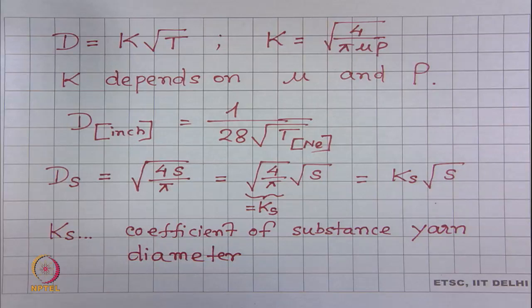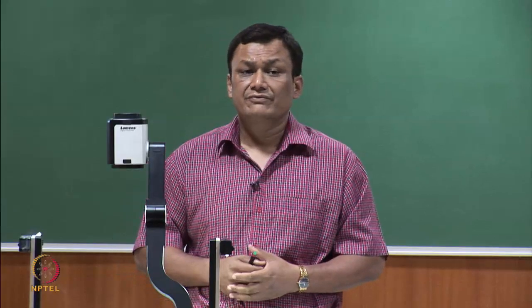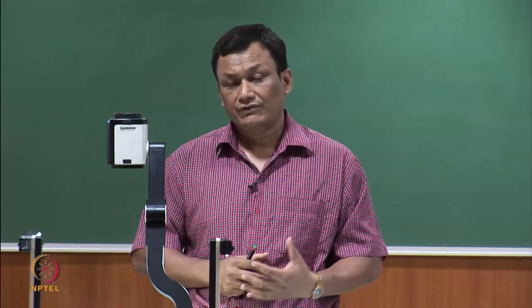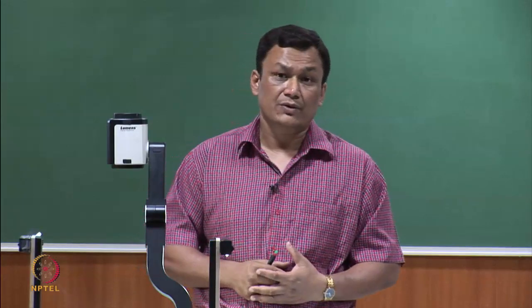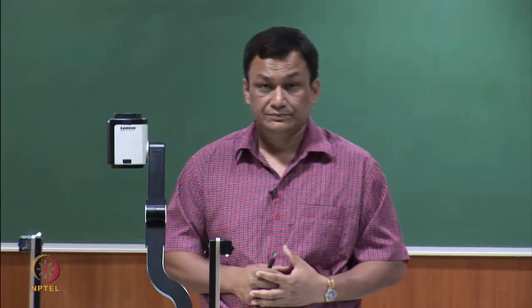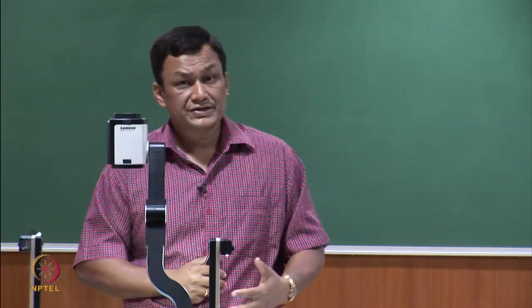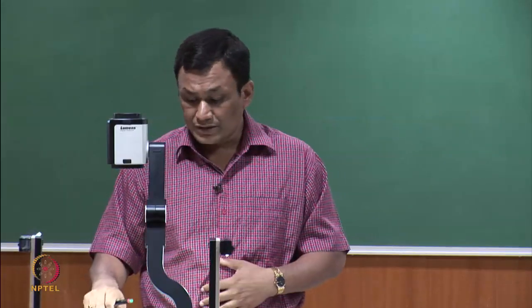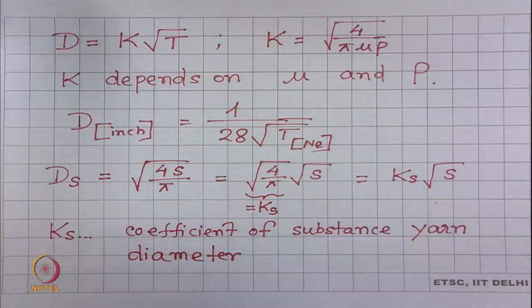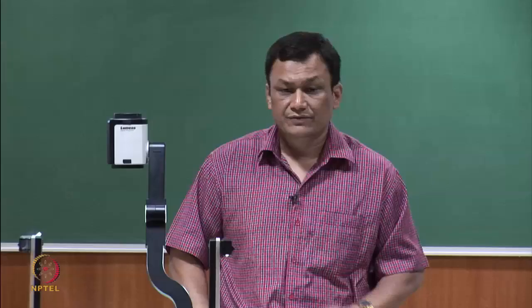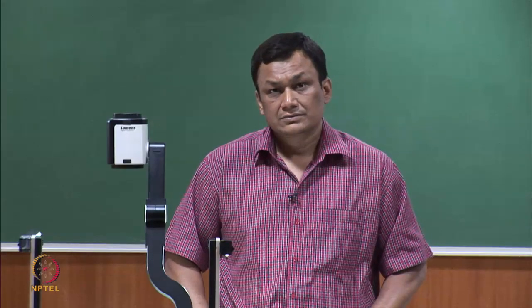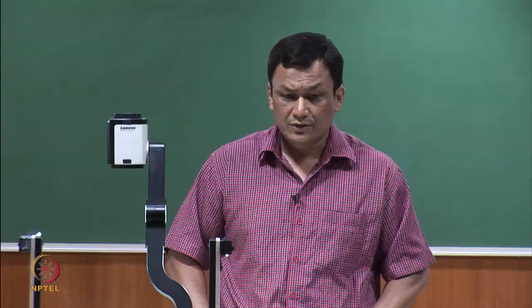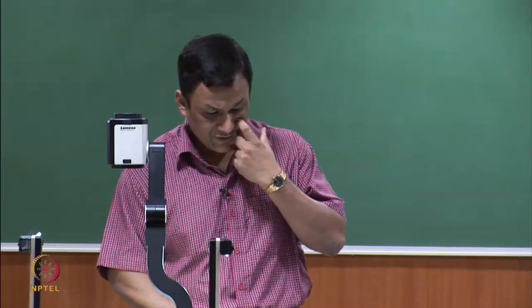Generally speaking, these dimensionless quantities are very, very important. They give lot of internal information about yarn structure. So, for theoretical research work, scientists prefer to work with K s because it is dimensionless quantity. There are many dimensionless quantities, probably we have learned already, and we are going to learn many in the subsequent modules.